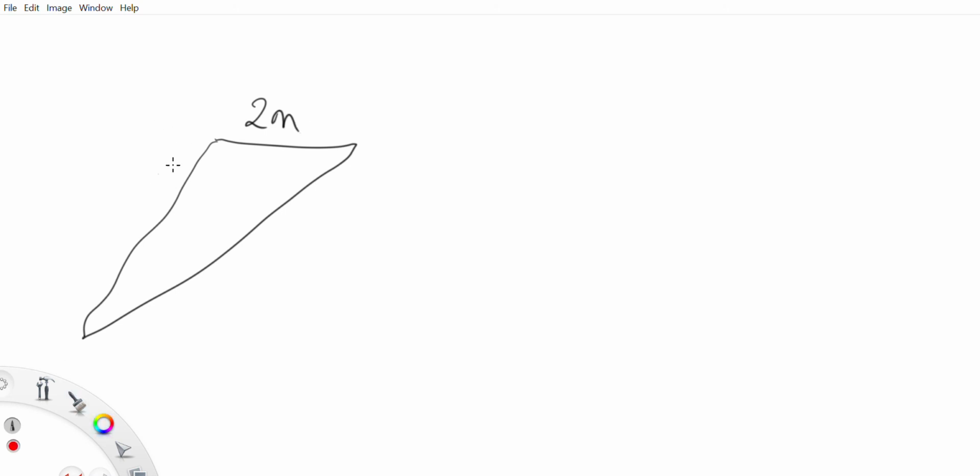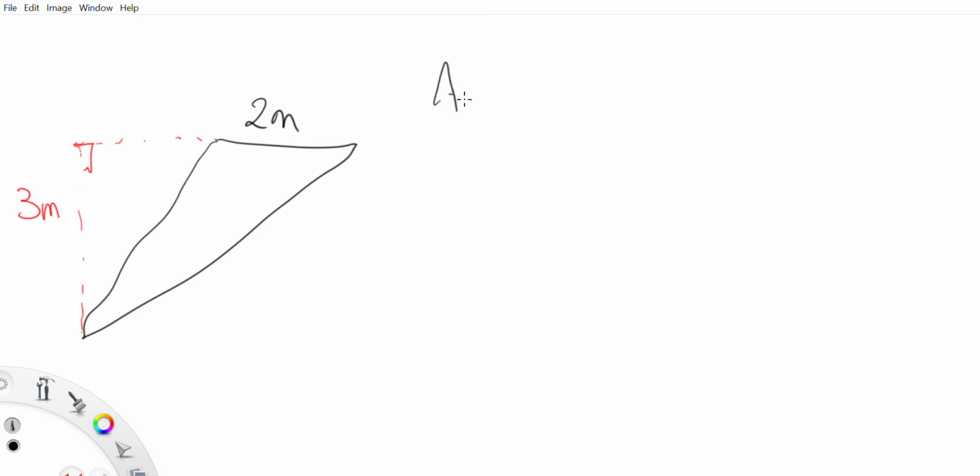Let's say we've got a weird triangle like this one here. Okay, and they say this is 2 meters and there is a height of 3 meters over here. Alright, these are the important bits of information that they give you. What do we have to do?